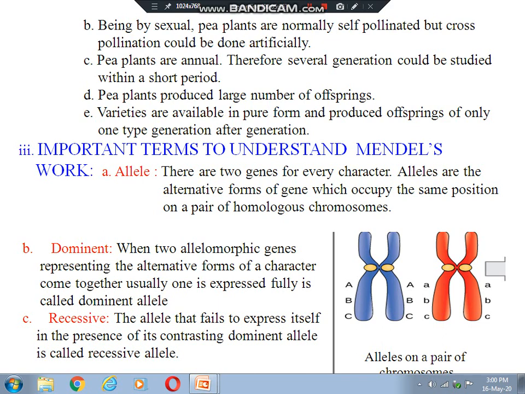And the recessive allele is the allele which will not be expressed or which will be suppressed by the dominant allele. See the definition: the allele that fails to express itself in the presence of its contrasting dominant allele is called the recessive allele. That means when one dominant and one recessive allele is there, always the dominant allele will be expressed. Dominant allele will not allow the recessive allele to express.